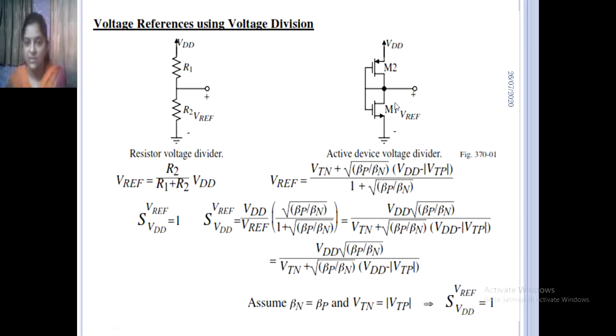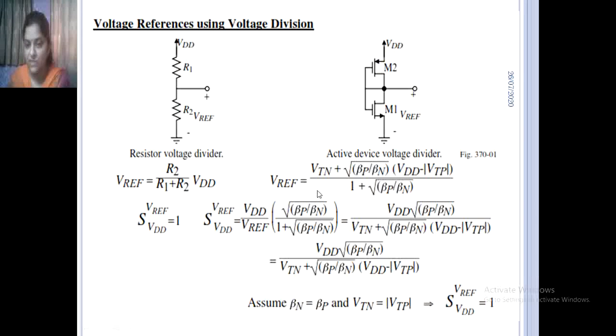Next, we have seen the MOSFET, N type and P type MOSFET. So an active device voltage divider is used. The active devices are nothing but M1 and M2. Here we again set the V reference, which is the reference voltage.